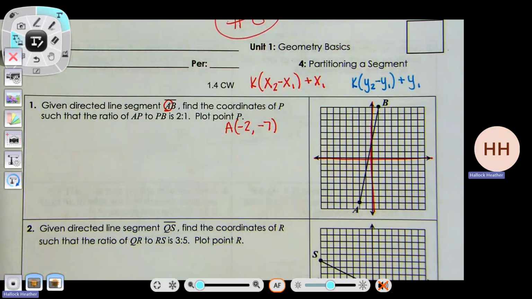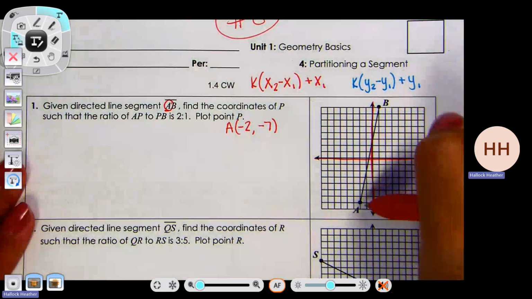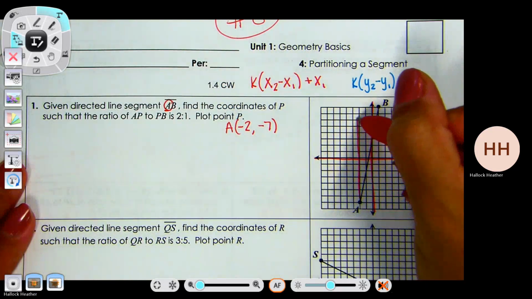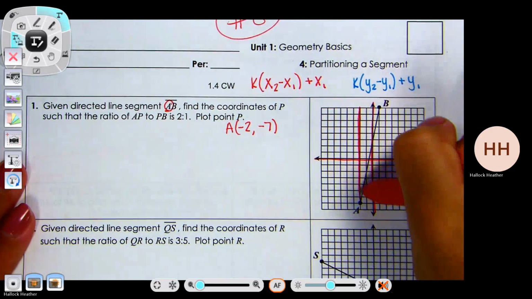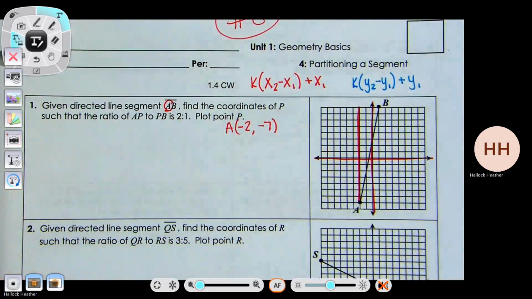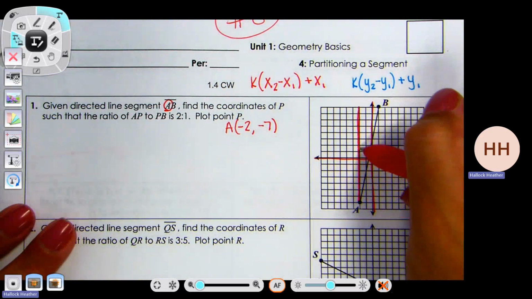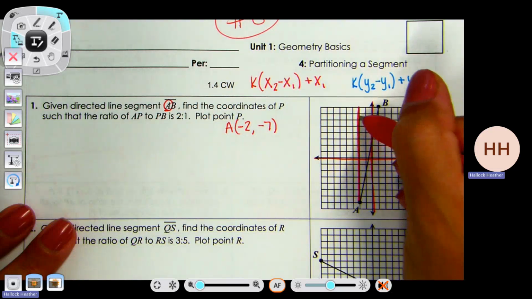Anyways, so we are going to talk about the rise and the run. If I'm starting at A, how much do I have to rise to get to B? Get to counting. 15. Is it 15? 1, 2, 3, 4, 5, 6, 7, 8, 9, 10, 11, 12, 13, 14, 15.